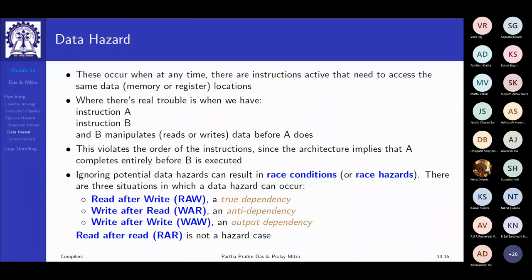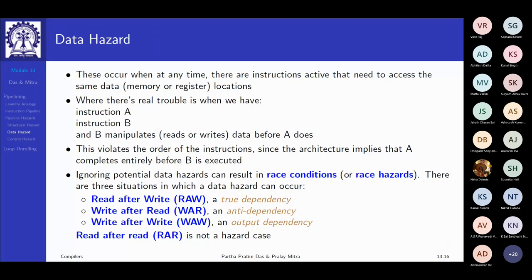So it is quite possible that you have two instructions, A and B. The instruction B, which comes later, needs to manipulate, either read or write, a data which A is also supposed to manipulate. B is sequentially after instruction A, but B needs to do that.